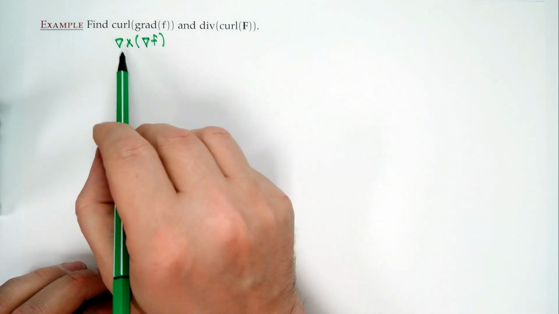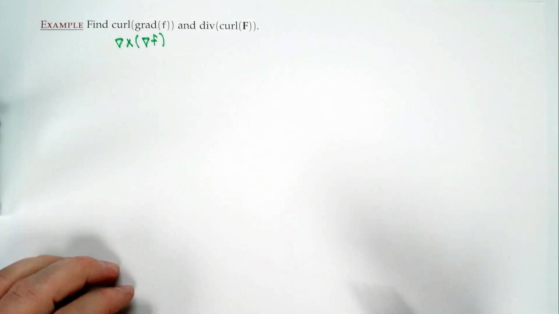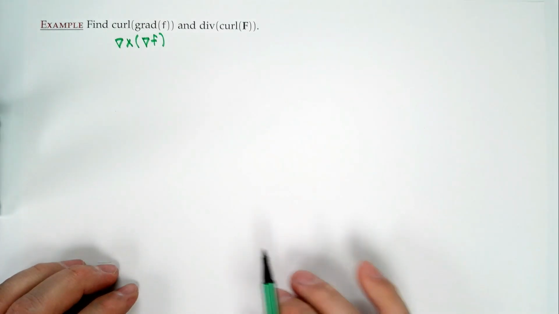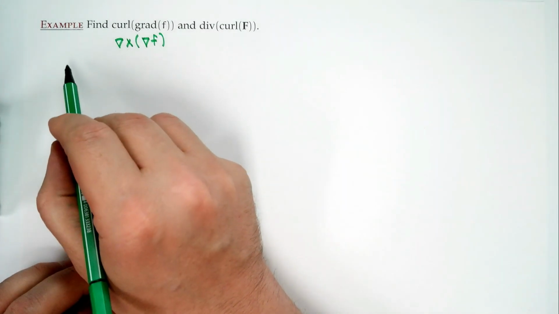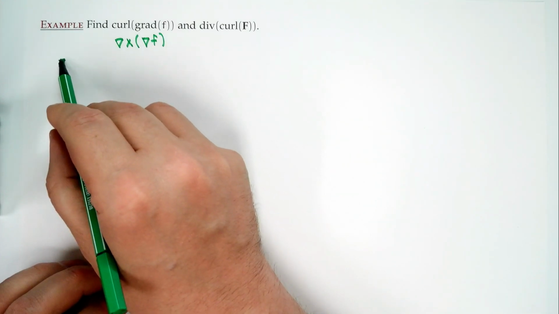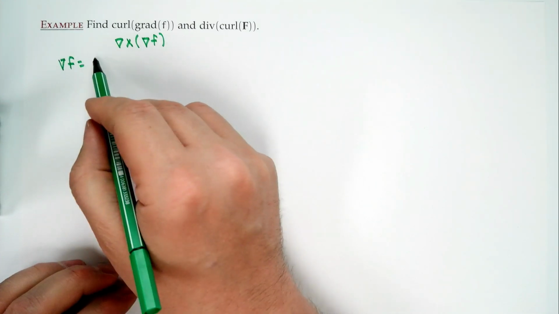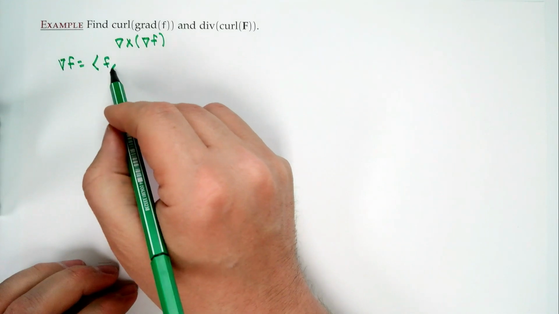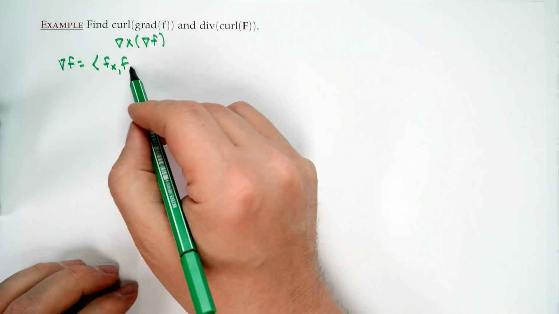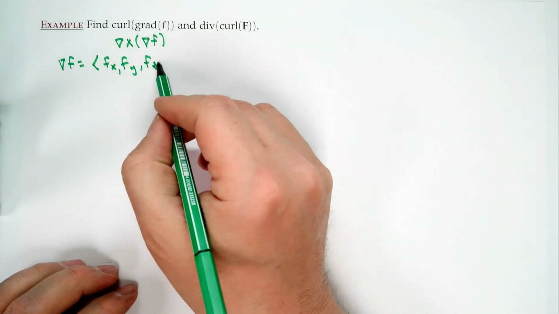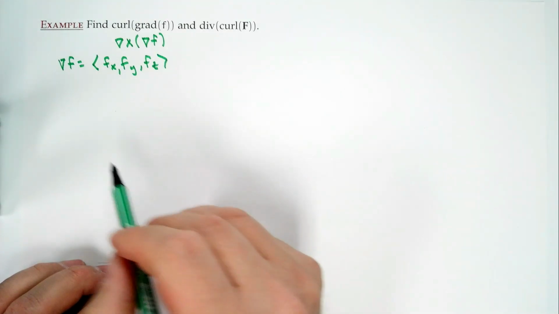Since the curl is involved, that means for sure this is going to be a three-dimensional vector. So we're going to start with our function f. The gradient of f is going to be the collection of the partial derivatives fx, comma, fy, fz. We'll use subscripts for partial derivatives.